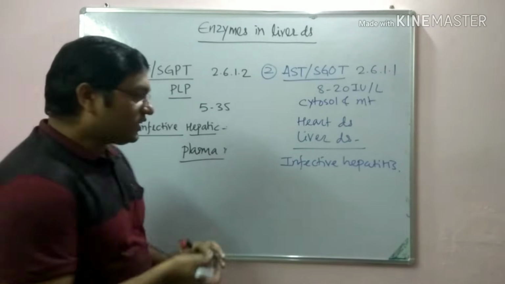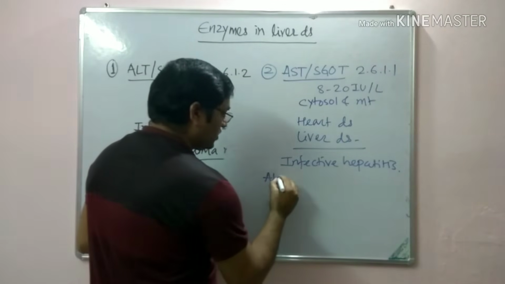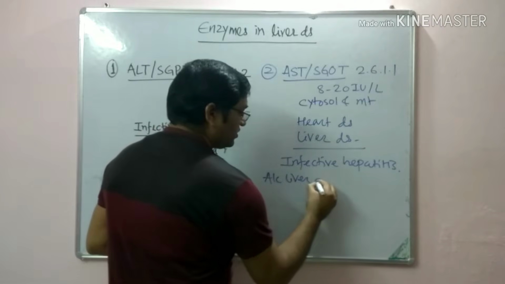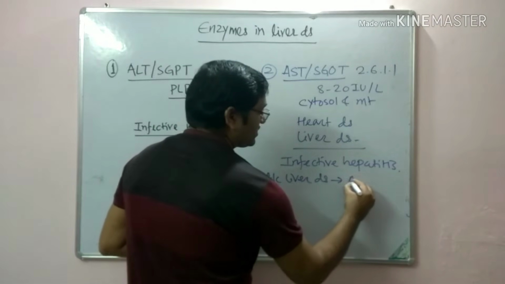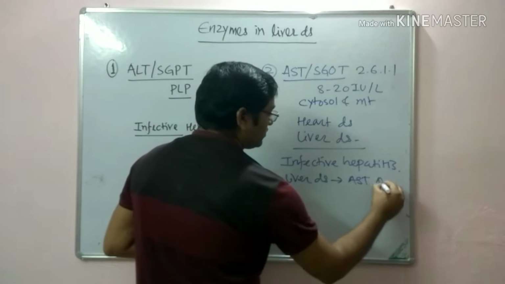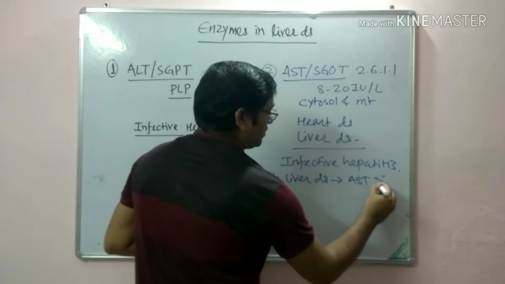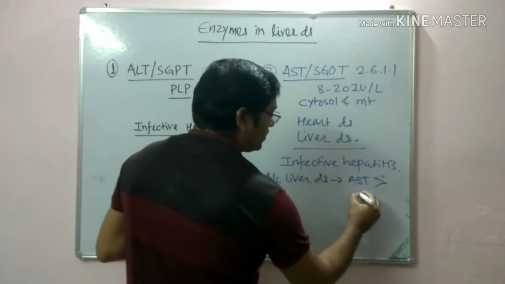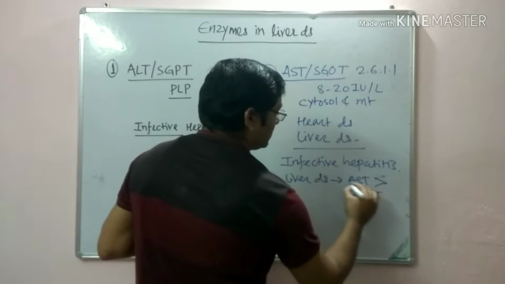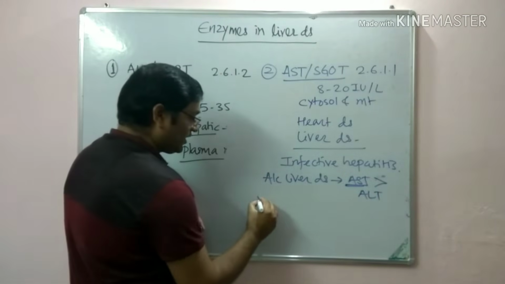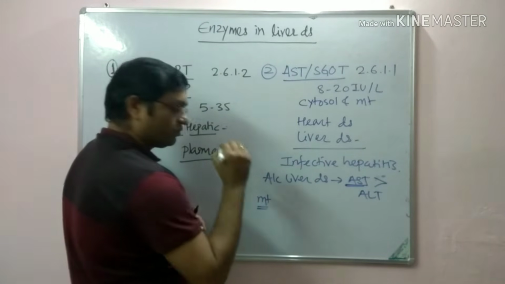And in alcoholic liver diseases, the concentration of AST increases more as compared to the ALT. This is because of its mitochondrial distribution.